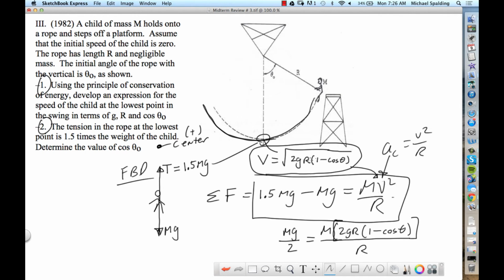The square root disappears because that's squared. All right, so the m's cancel, the g's cancel, and the r's cancel. This cleans up pretty nicely.